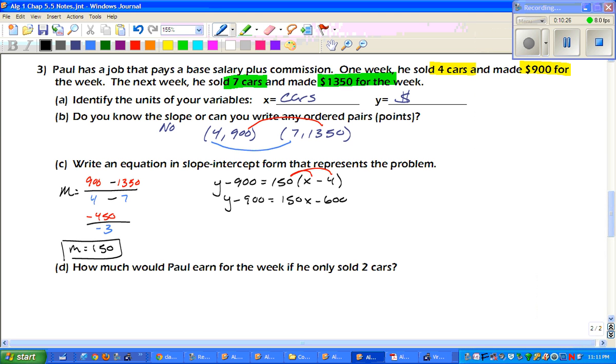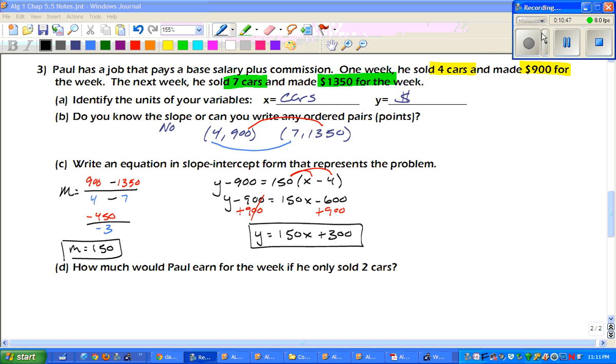Yep. Okay. And to get the y by itself, add 900 to both sides. I get y equals 150x plus 300.